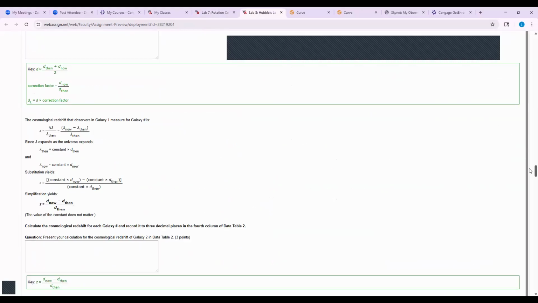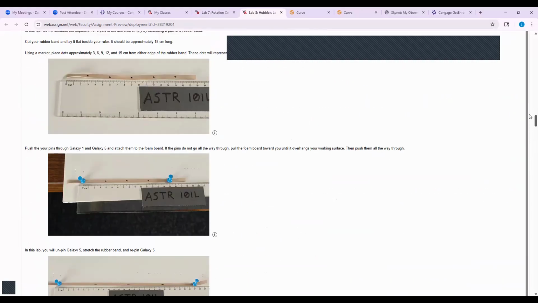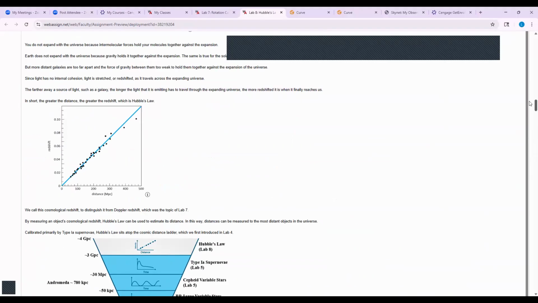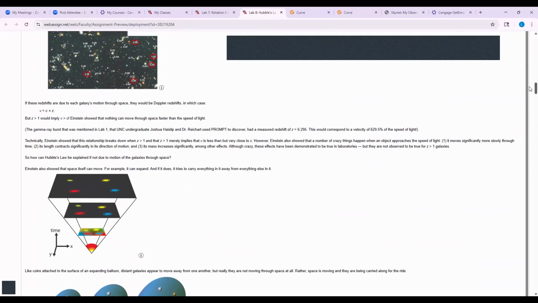Sorry, it was in chapter 8 that we had here. Let me show it in this sense. Yeah, here. Here V is equal to C times Z. Z is equal to V, velocity, divided by C.